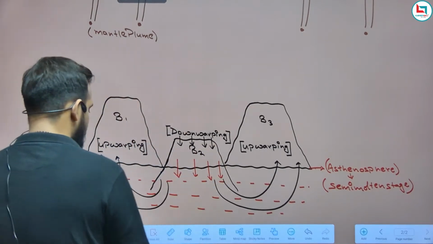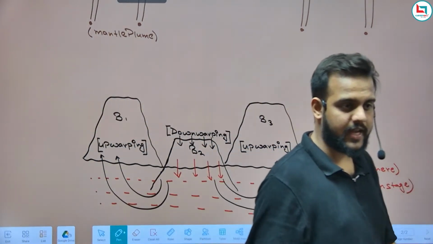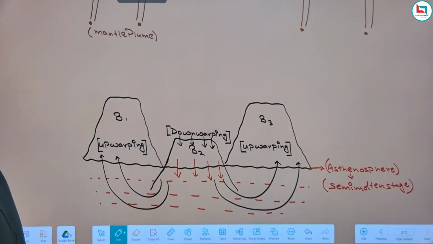Now guys, you could see this vacant space. This particular vacant space is known as Graben, or technically the Rift Valley.